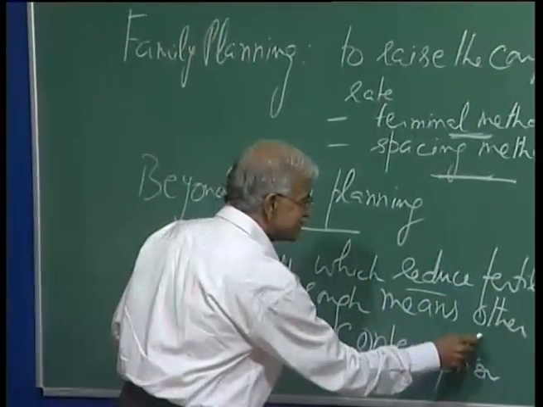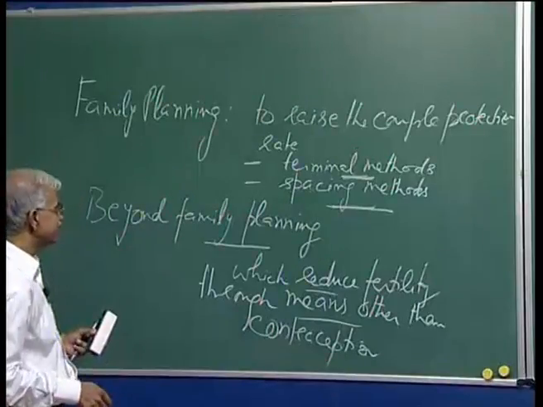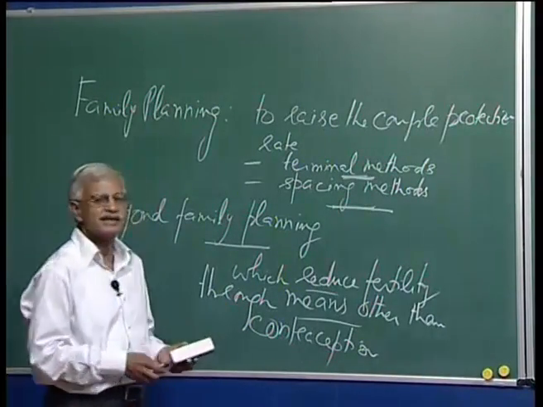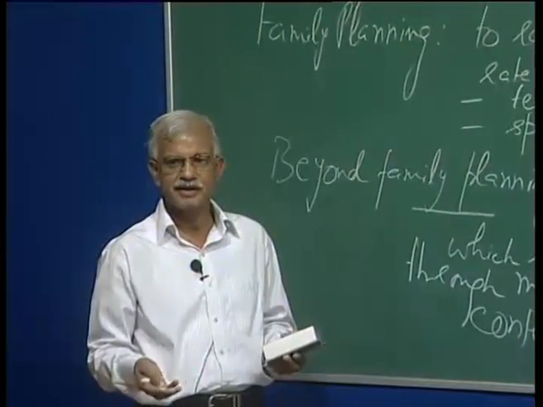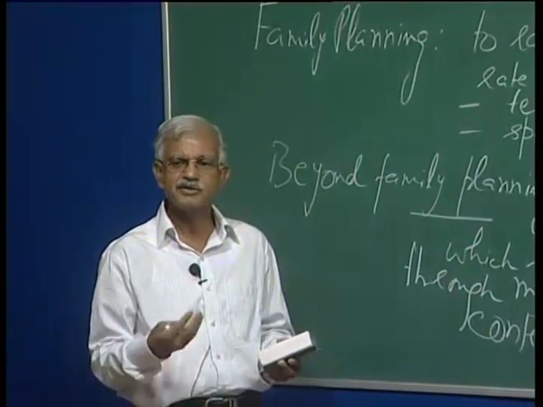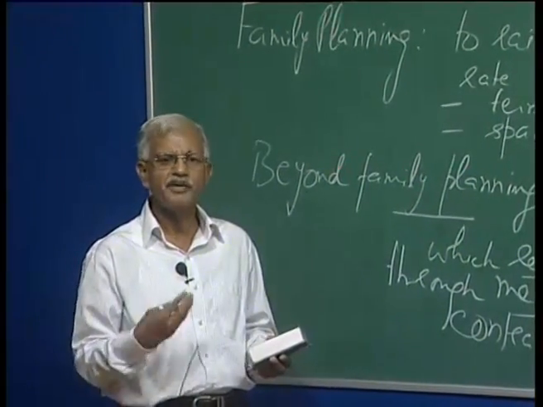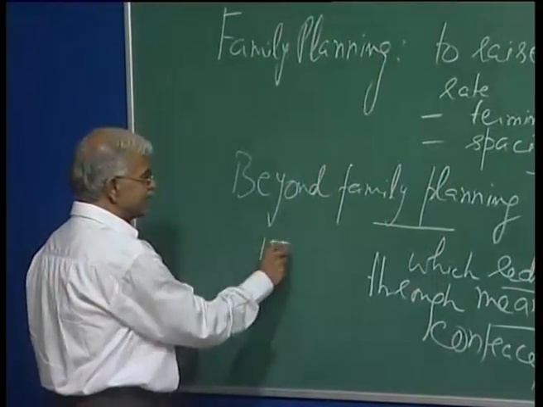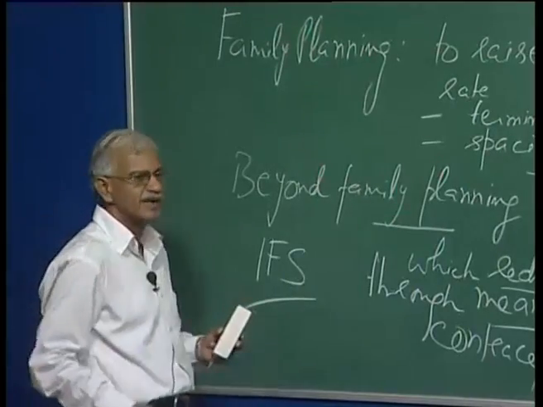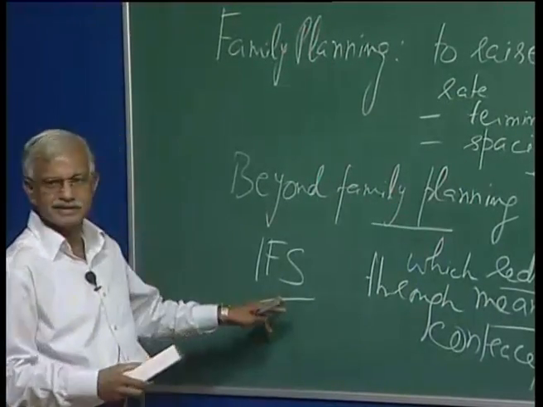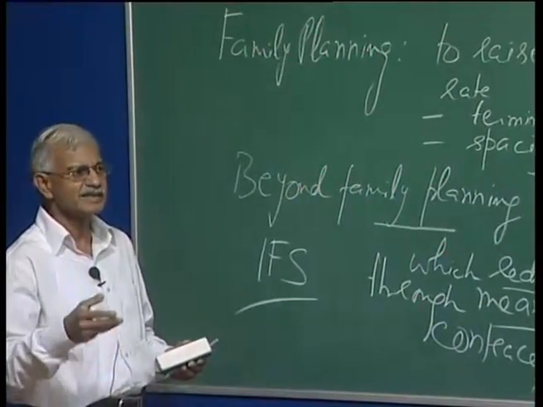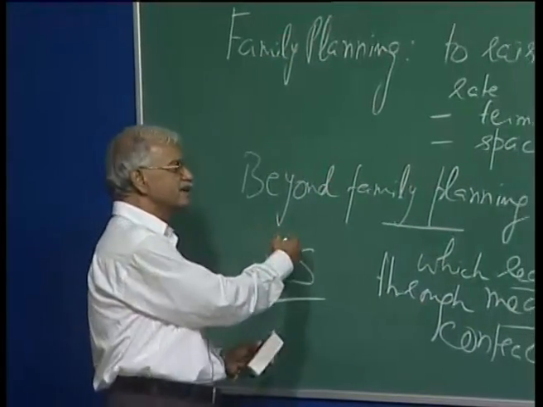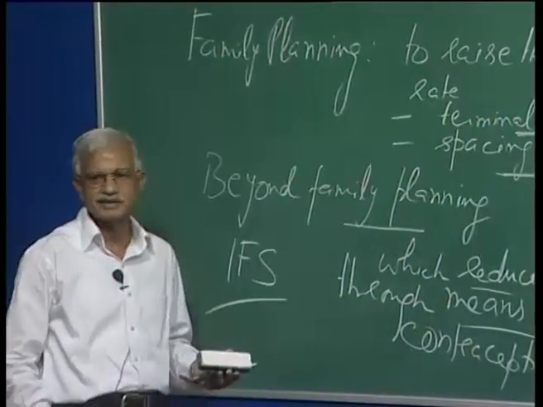What can be the methods which reduce fertility through means other than contraception? So, this is like raising age of marriage or raising education level or empowering women. The factors because of which their ideal family size or the number of children they would like to have decreases. Even things like reduction in infant mortality rate can be seen as part of beyond family planning measures.